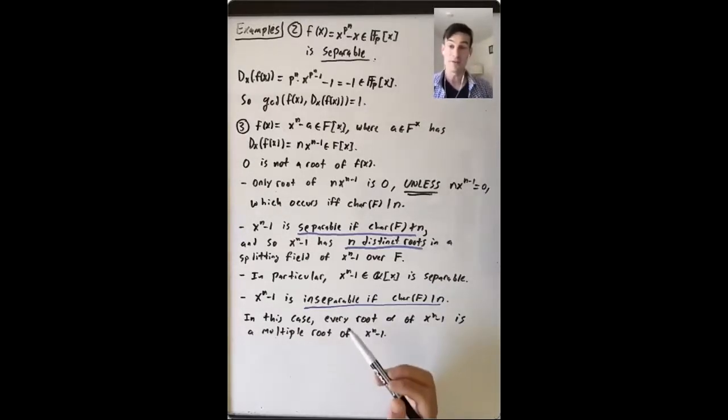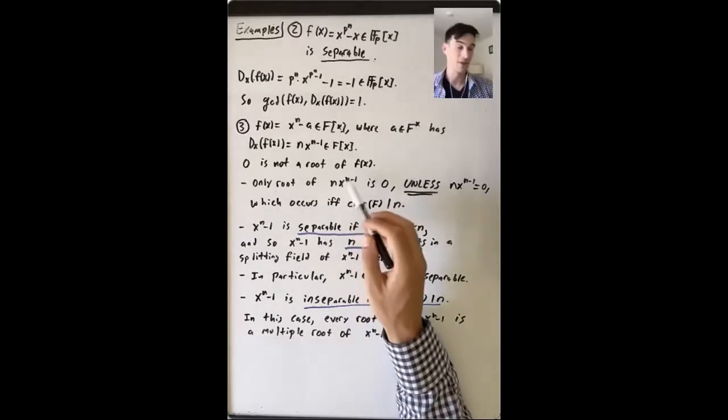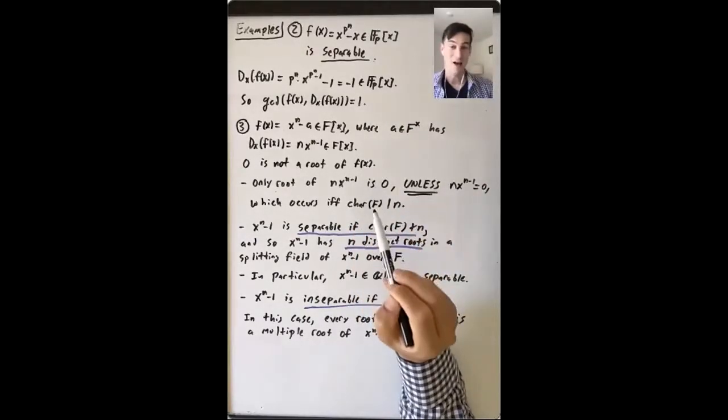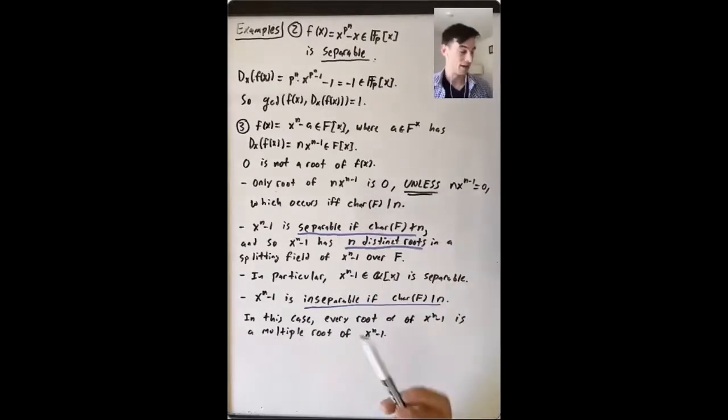It means it's a root of f of x and it's a root of the derivative. If the derivative is 0, alpha is automatically a root of the derivative. Every root alpha of x to the n minus 1 is a multiple root of x to the n minus 1, because the derivative is 0. You get that alpha is a root of the derivative for free.